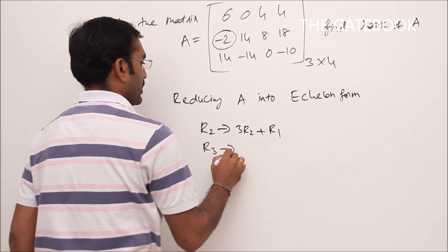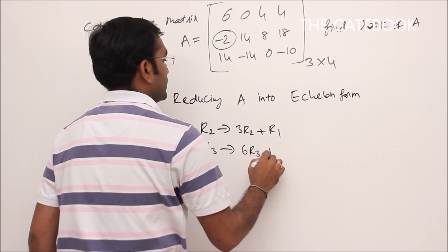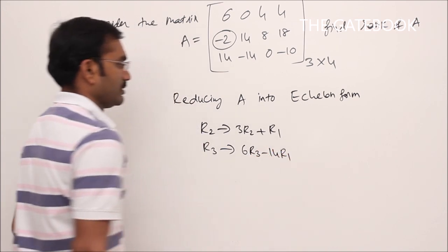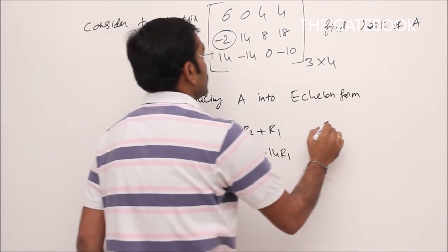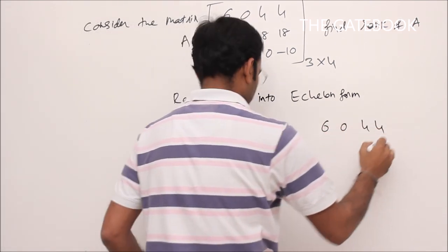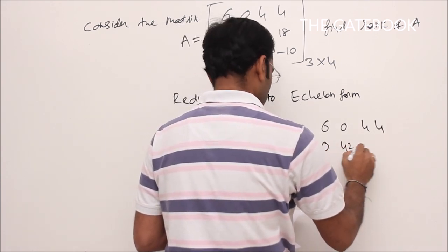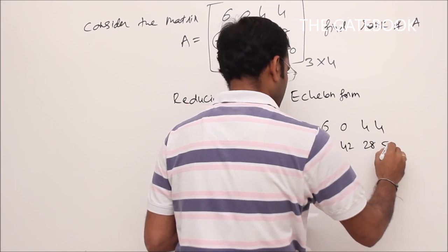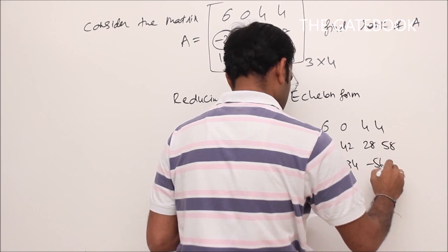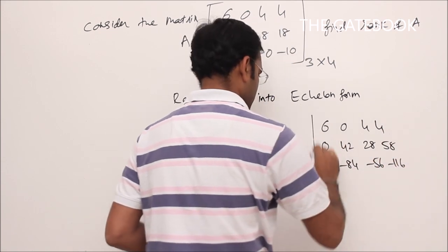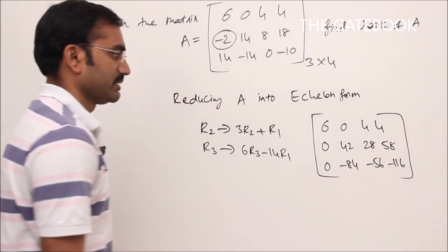Next, R3 implies 6R3 minus 14R1. By applying these operations, that matrix will be reduced to 6 0 4 4, 0 42 28 58, 0 minus 84 minus 56 minus 116.